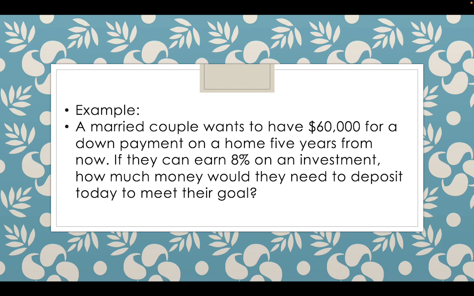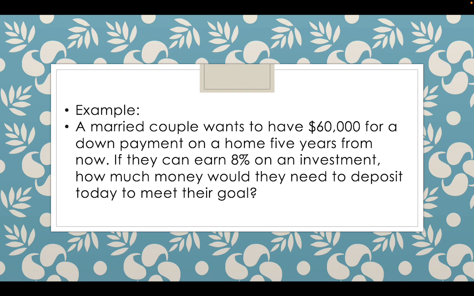Well, the answer cannot be 60,000, right? If you put 60,000 in the bank today and you leave it in there for 5 years and it's earning 8% interest, then you're going to have more than 60,000 in the future. So the answer has got to be something less than 60,000, right?